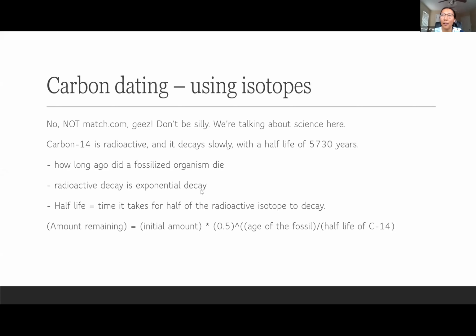Well, through that, we know the concentration of carbon-14 in any living organism. And so we compare what we calculated in a living organism versus the dead one to find how long the dead one has been dead.